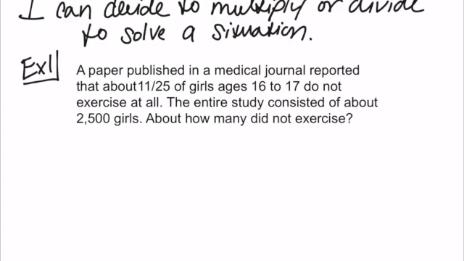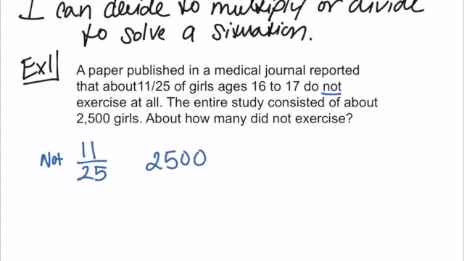So let's look at the information we have here. We have 11 out of 25 girls do not exercise at all. So the entire study consists of about 2,500 girls. So about how many did not exercise?